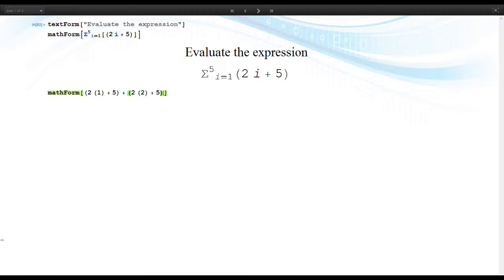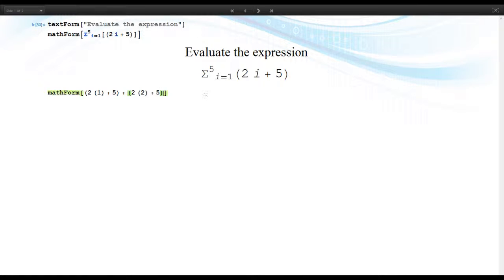So notice that I've taken this expression right here, 2i plus 5. I plug 1 into that, and that became this term. Now, after I plugged 1 into that expression, I plugged 2 into that expression, and that became this term. And I'm going to go all the way up until I plug 5 into this expression.